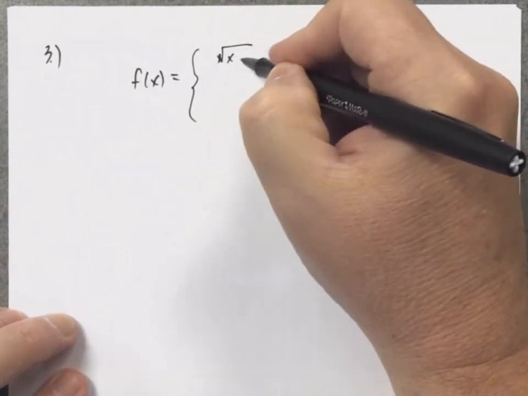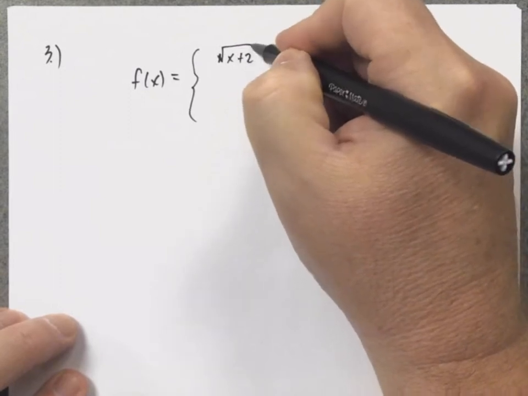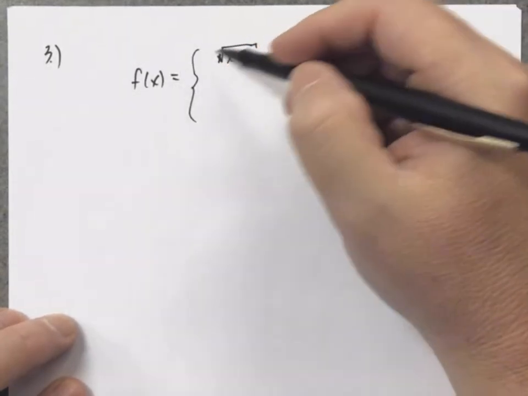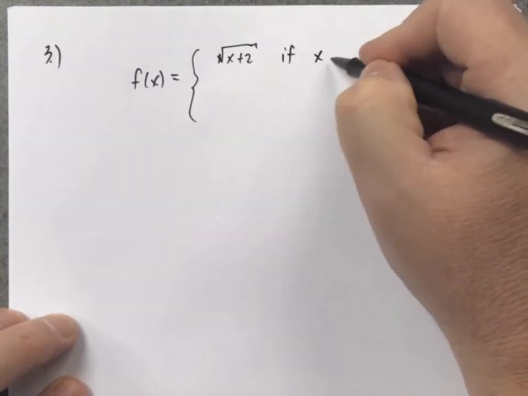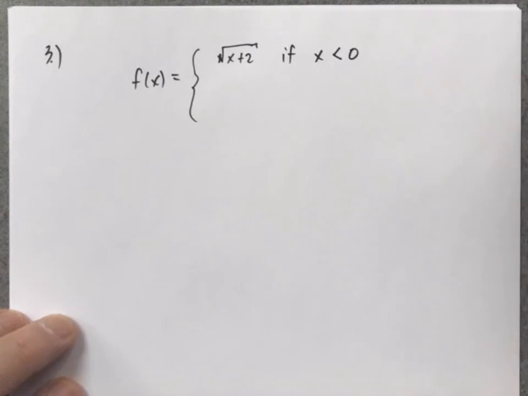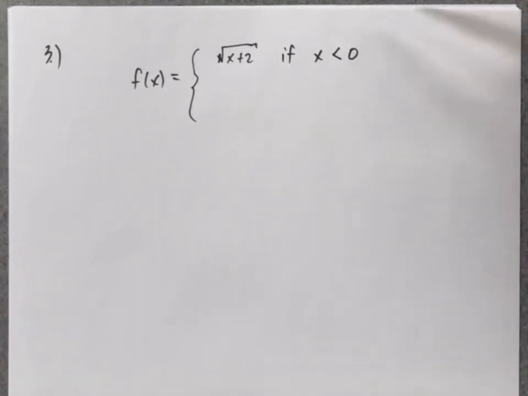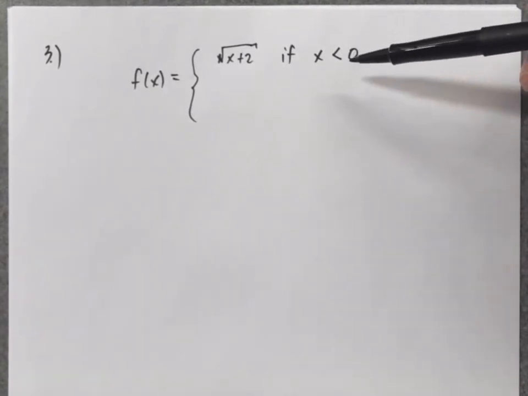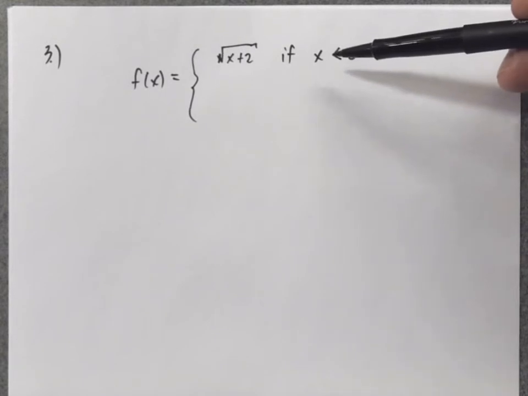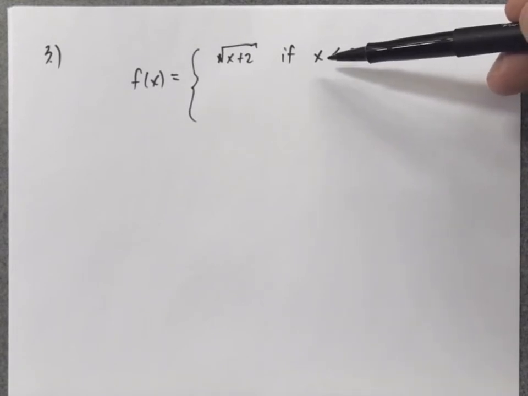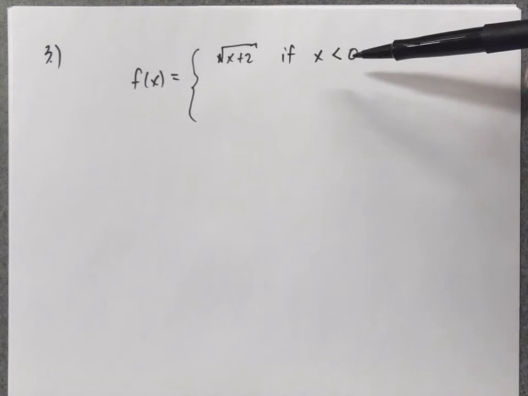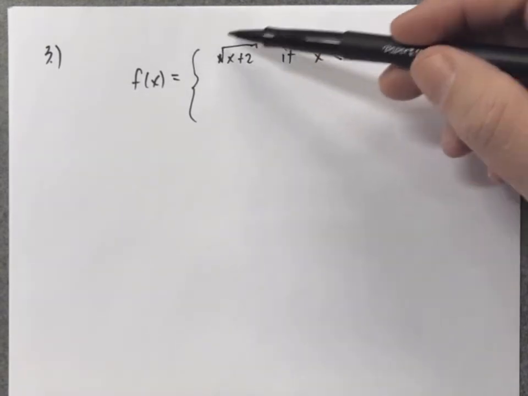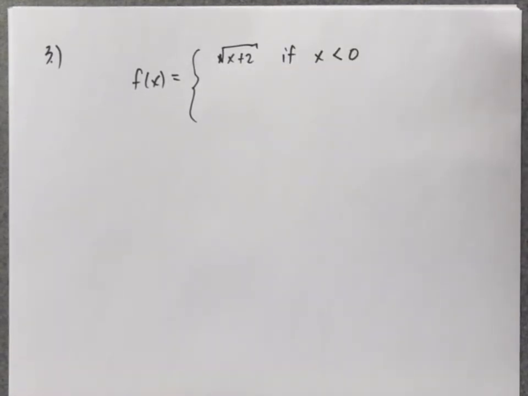So it says f of x up here, that's not a very good square root. F of x equals square root of x plus 2 if x is less than 0. So if we decide x is equal to negative 10 or negative 5 or negative 1, in other words, if x is less than 0, or you could say if x is a negative number, this is the function we're going to use.